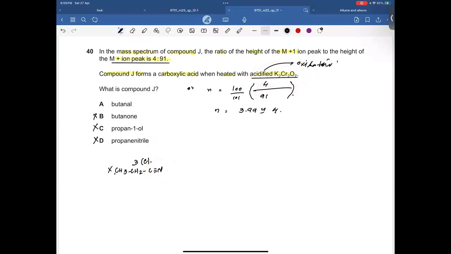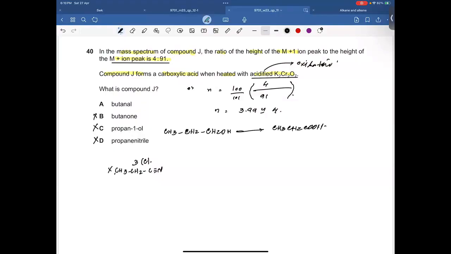Propan-1-ol is also incorrect because propan-1-ol has 3 carbon atoms, whereas we have got 4 carbon atoms. And also when propanol is treated with K2Cr2O7 under heat, obviously it's going to be converted into carboxylic acid.